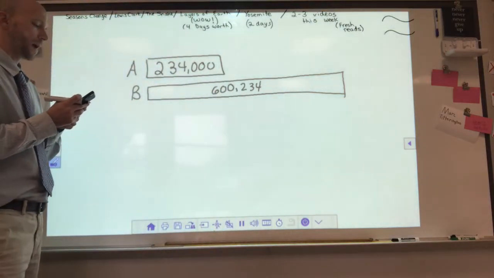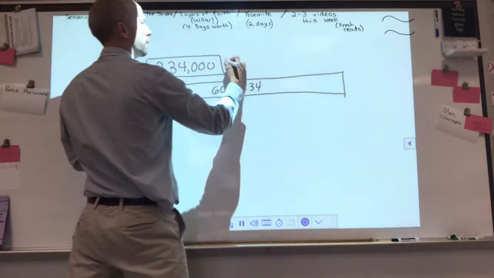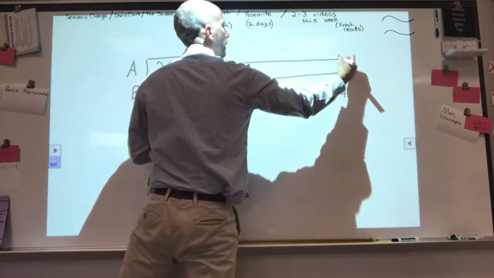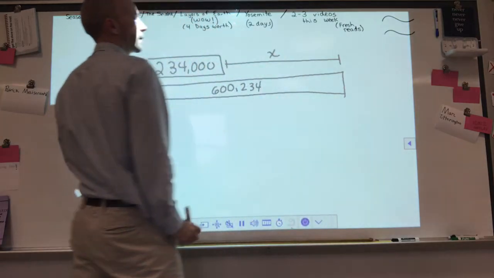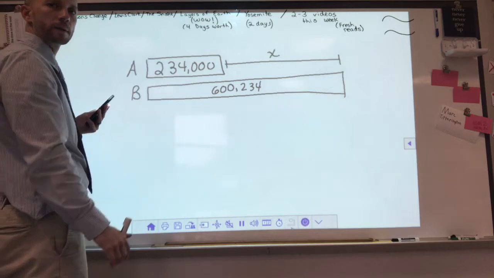Okay. So now I just need to know how many more pounds this truck can haul than this one. There it is. There's a nice, easy one-step tape diagram. Doing a little comparison here.